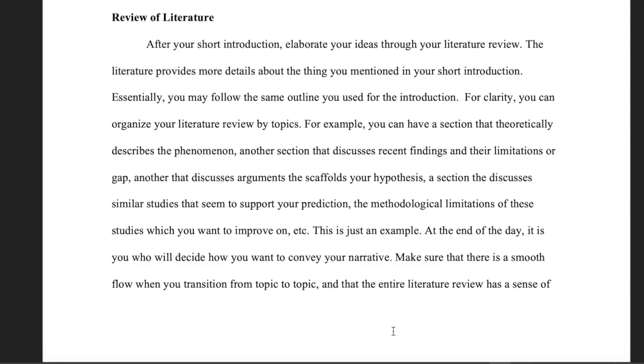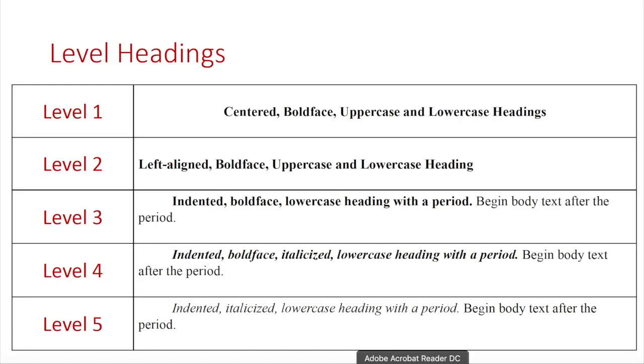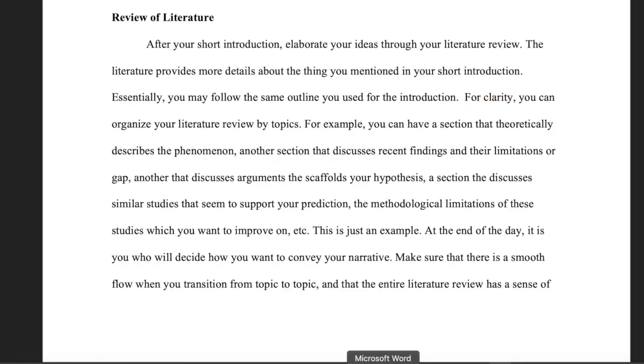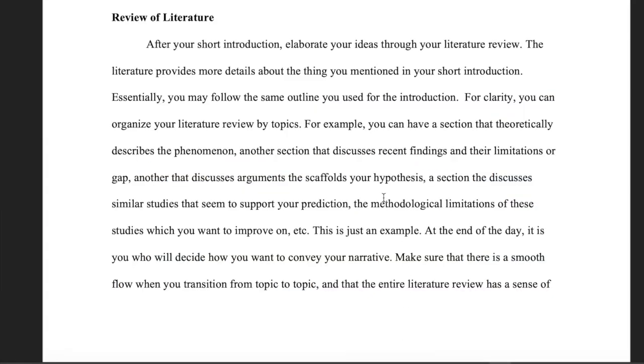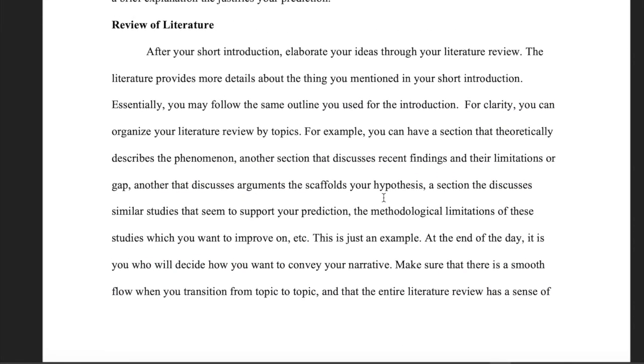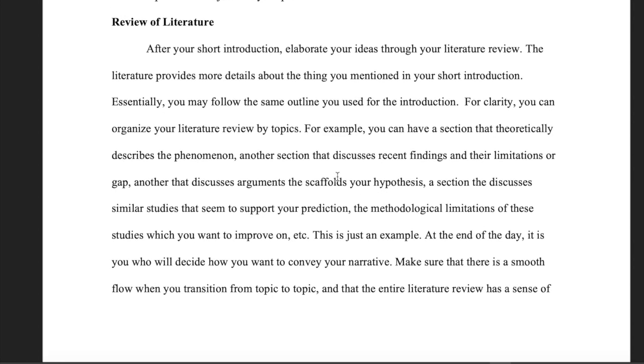All right. Next. So the next part, well, I will talk about this later on. The next part is the literature review. So after the short introduction, what it would appear like is that you're elaborating your ideas in the introduction.